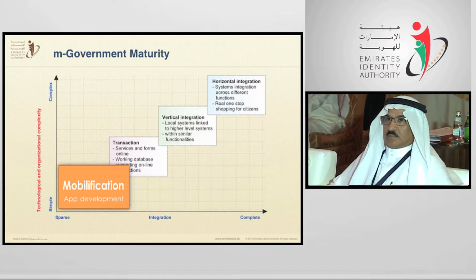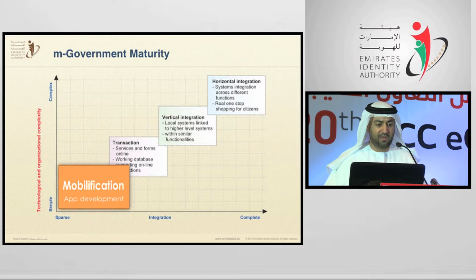If I compare smart government to e-government, how do they overlap, or what are the differences? In fact, if I use the same e-government maturity model, I see that government agencies are basically back to square one of e-government maturity.